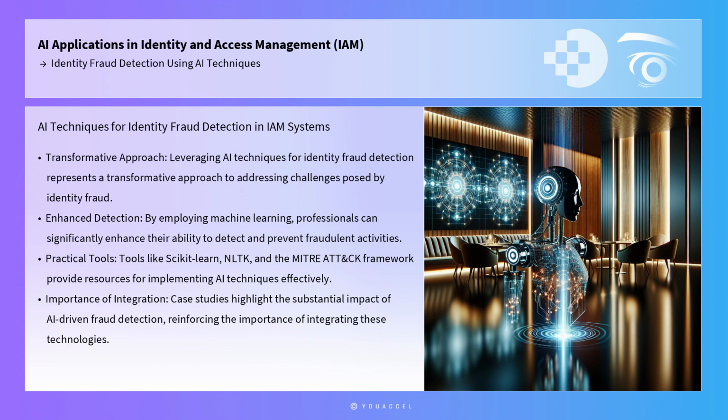Case studies and statistics highlight the substantial impact of AI-driven fraud detection, reinforcing the importance of integrating these technologies into IAM systems. As professionals continue to advance their skills in the CompTIA CySA certification domain, embracing AI-driven identity fraud detection will be crucial in safeguarding organizations against the ever-evolving threat landscape.